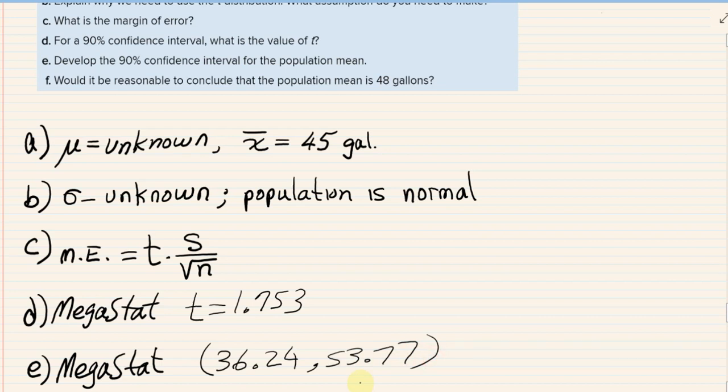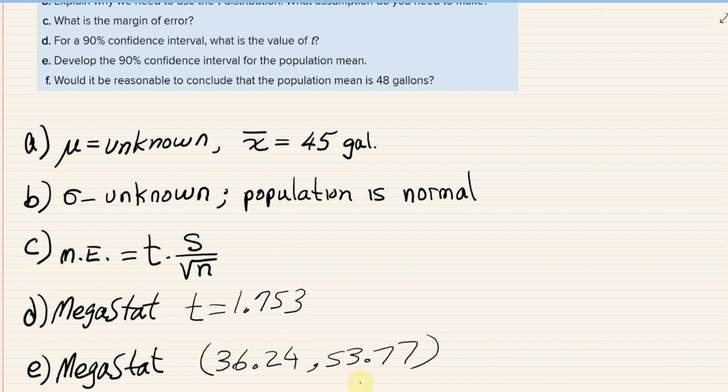In part F now, would it be reasonable to conclude the population mean is 48 gallons? Okay, well, as long as 48 gallons is inside of this confidence interval, then it's reasonable because we expect it to be in there, right?